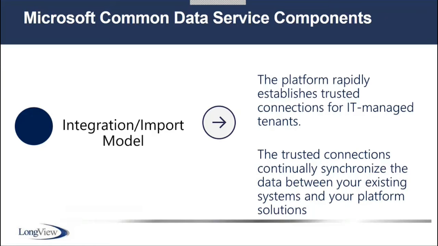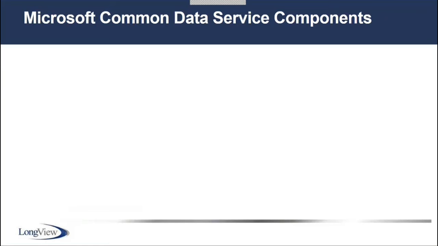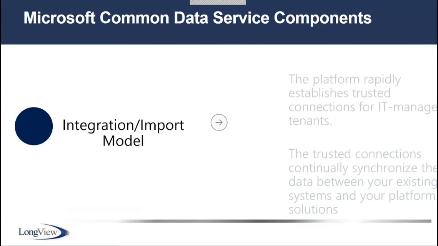The great thing is that by using this import model, there's a trusted connection that continually will synchronize data. If I update information in GP or in a third-party app that I've created in a PowerApp, it will go through and pull that information over and make sure that all of my data is in sync without me having to run any kind of third-party apps to do that.